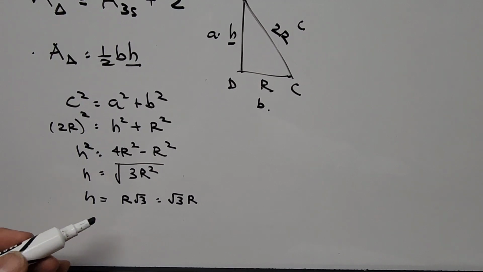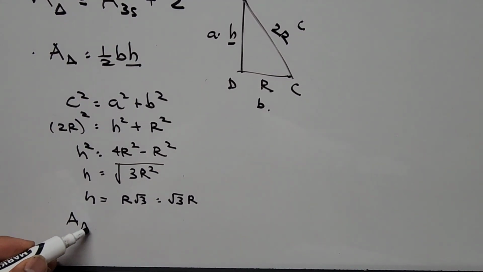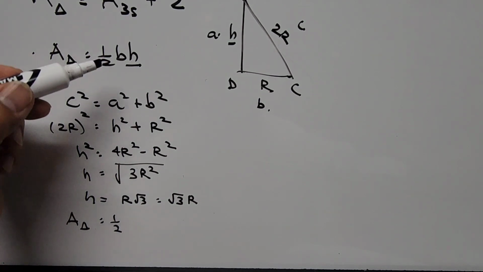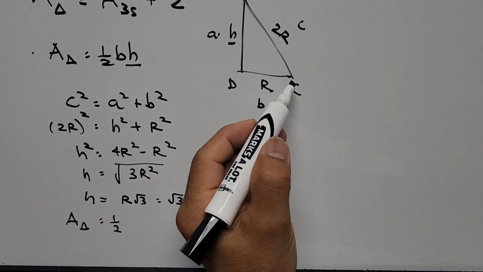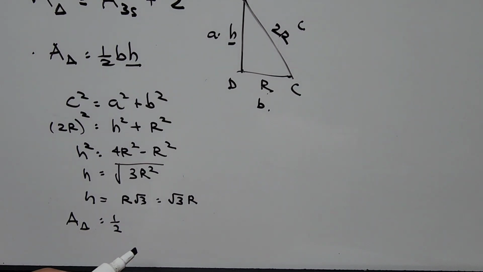Solving for the area of the equilateral triangle from this formula, we have here now the area of the equilateral triangle is equal to 1/2. The base is 2r, if you remember, since half of the base of the equilateral triangle over here is r, so the base is 2r. We're considering the equilateral triangle.